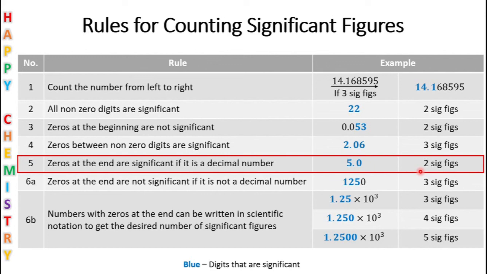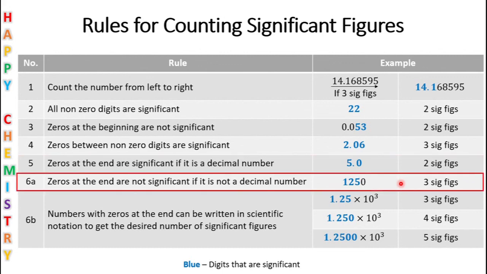Rule number 6 is sort of related to rule number 5. In rule number 5, we said the zeros at the end are significant only if it is a decimal number. There are 2 parts for rule number 6. The first part is that the zeros at the end are not significant if it is not a decimal number.